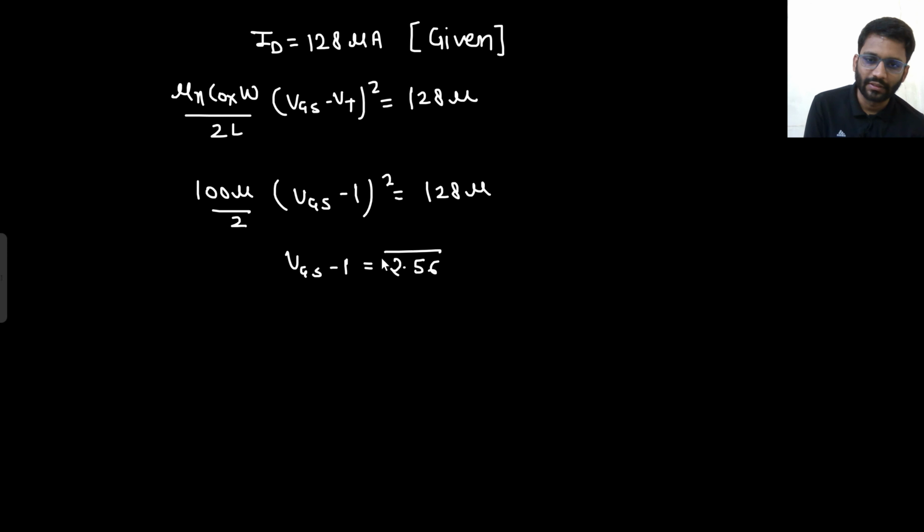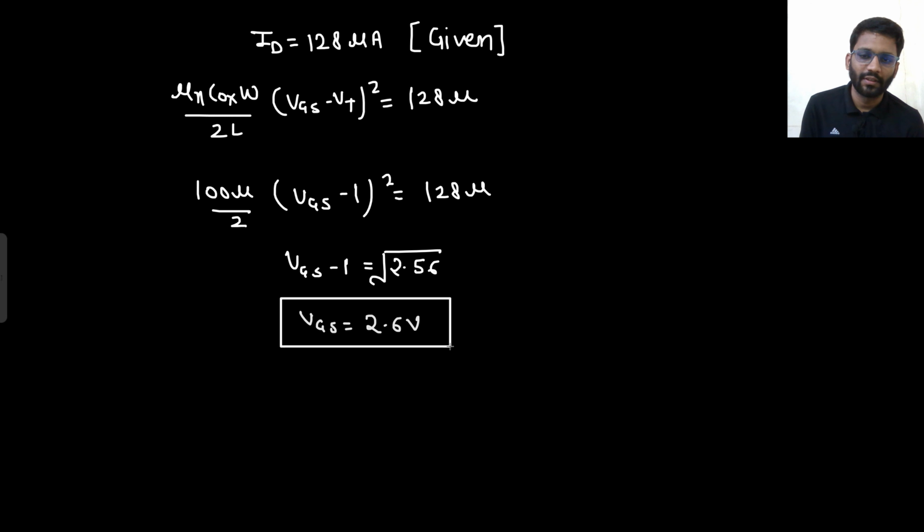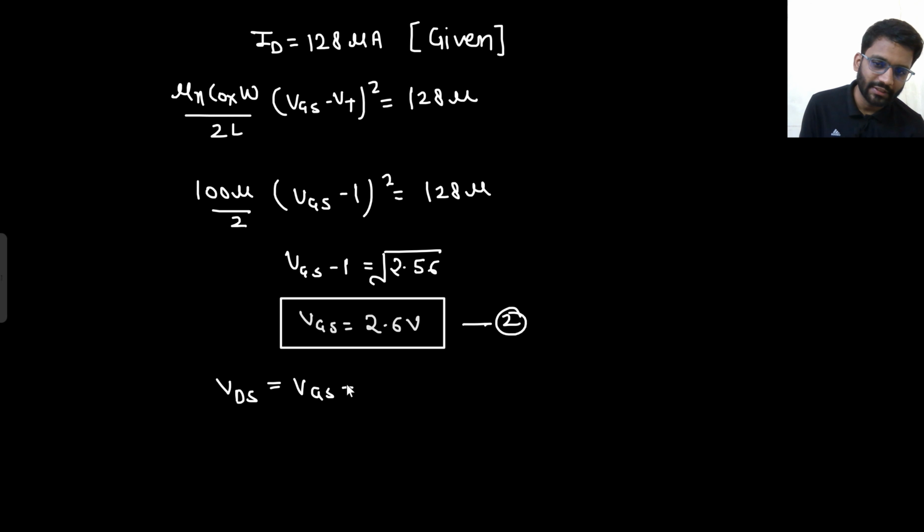And under root of this. What is the under root of 2.56? It is 1.6. So VGS would be 2.6. So your VGS value is 2.6 volt. And this is equation 2. It is given that VDS is equal to VGS plus 1.